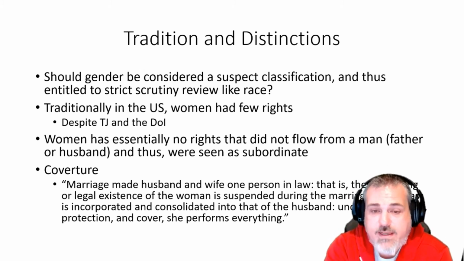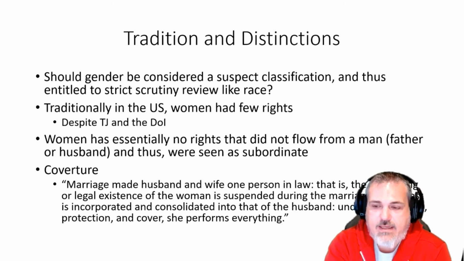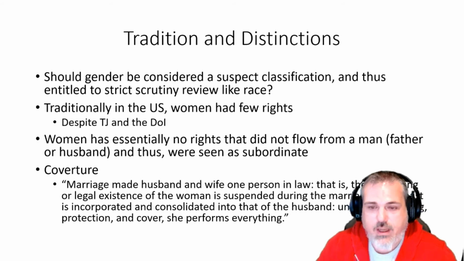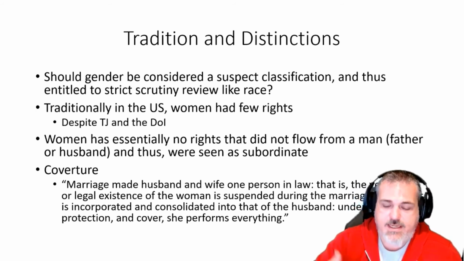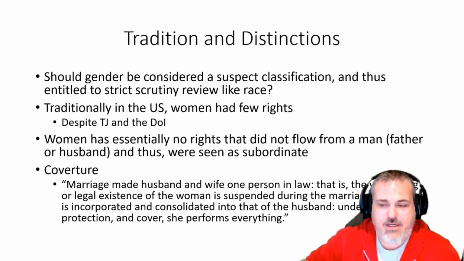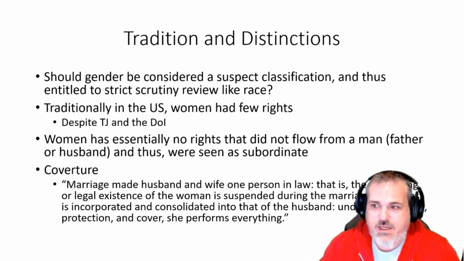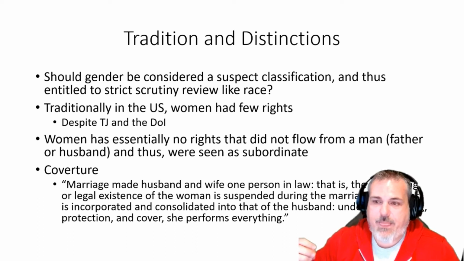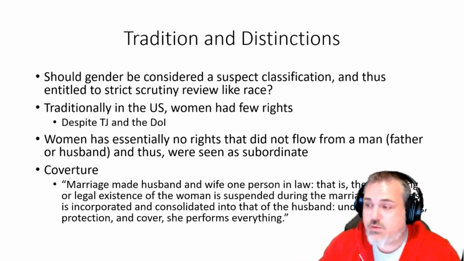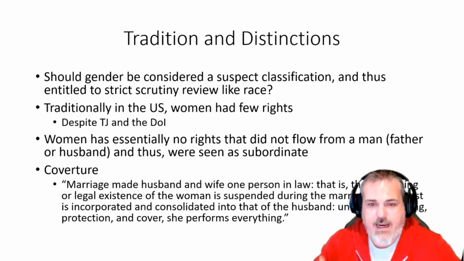There's one that stands out, and that is Japanese internment. And when the Japanese were interned during World War II, the Supreme Court says that yes, this is a racially based distinction, yes, strict scrutiny applies, and yes, it is justified. And that's really the only time that I can say that that takes place.